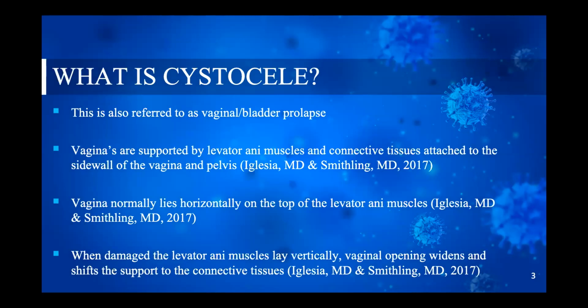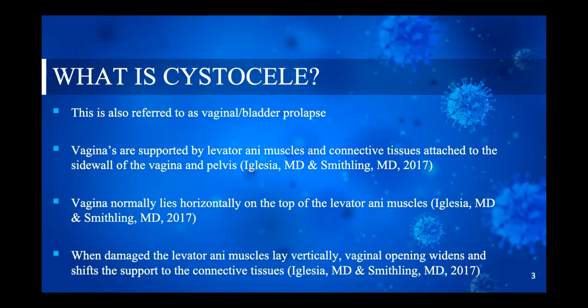What is cystocele? Why do I keep saying it like that? That's okay. It's also referred to as a vaginal or bladder prolapse. The vagina is supported by levator ani muscles and connected tissues attached to the side wall of the vagina and the pelvis.